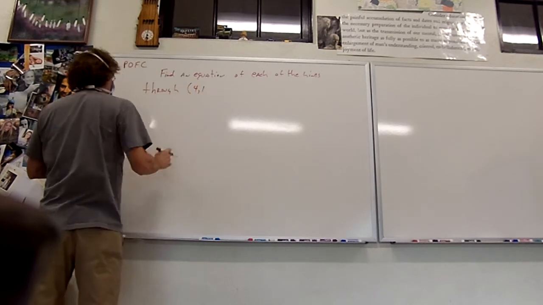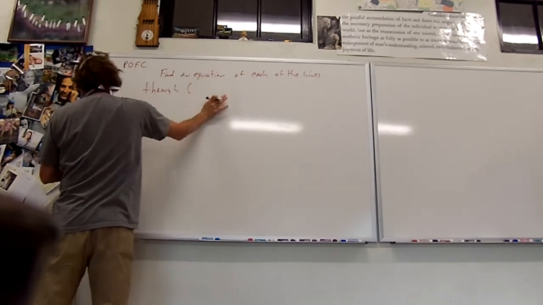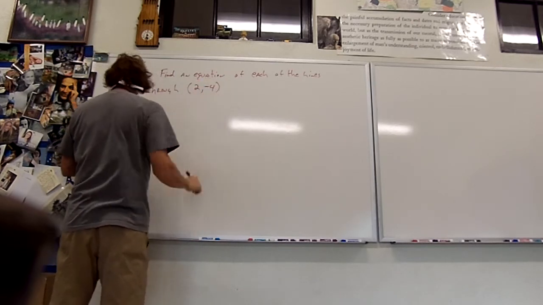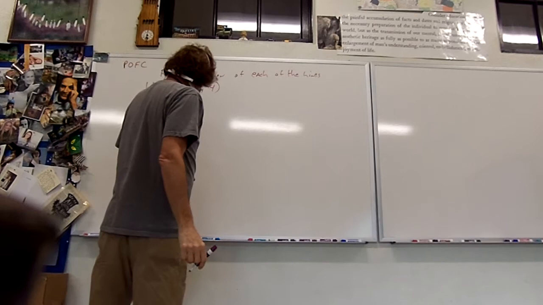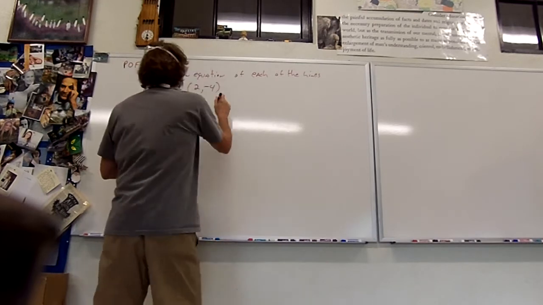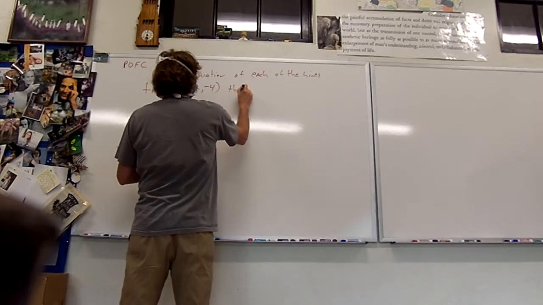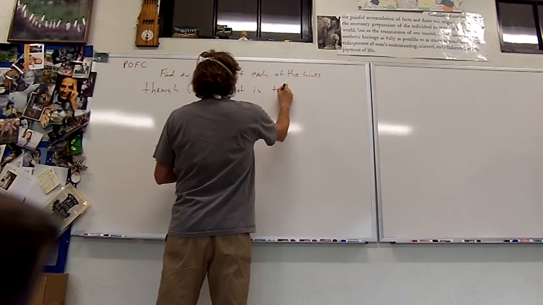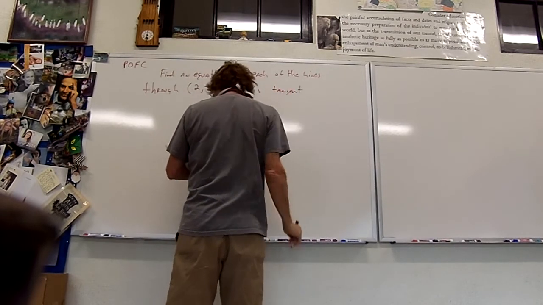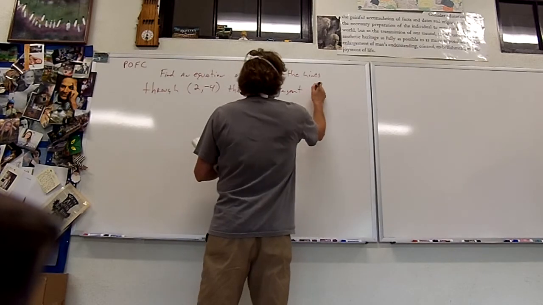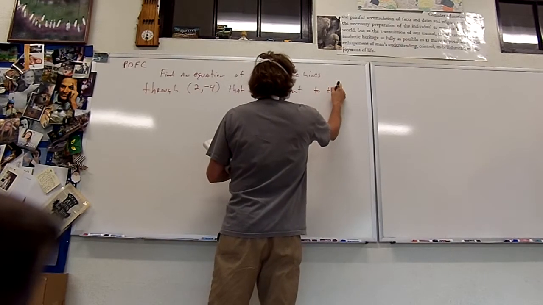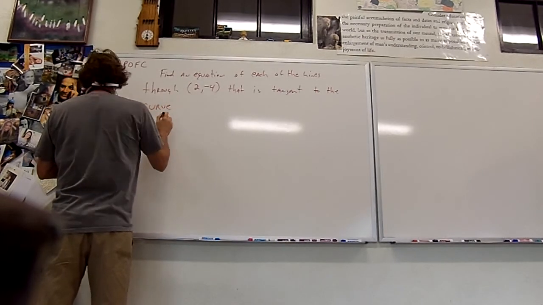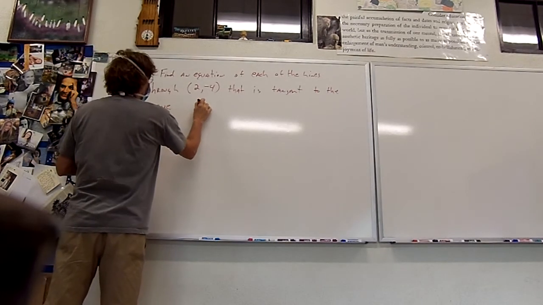Wait, whoa, I'm not working that one. Through 2, -4, that is tangent to the curve y equals x squared plus 1.